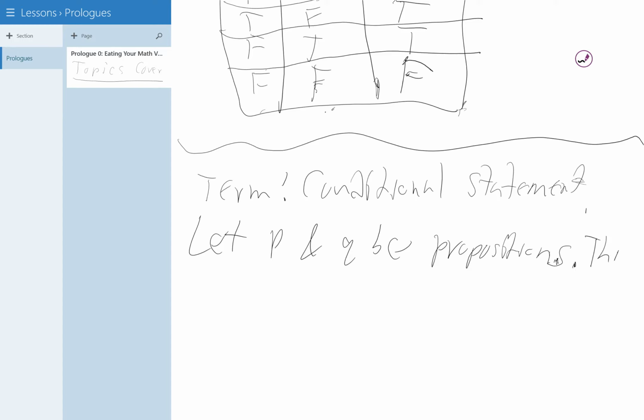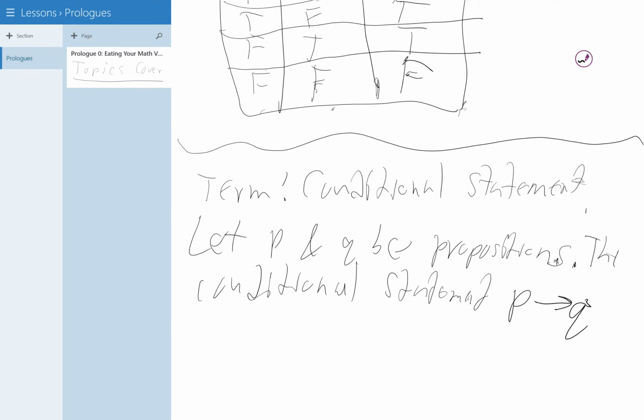The conditional statement, and I don't know why I'm doing a high-pitched voice, since none of my professors ever had high-pitched voices, but the conditional statement, and so now we're going to make this new symbol, P implies Q, is the proposition, so you can call this arrow thing an implication statement if you want.